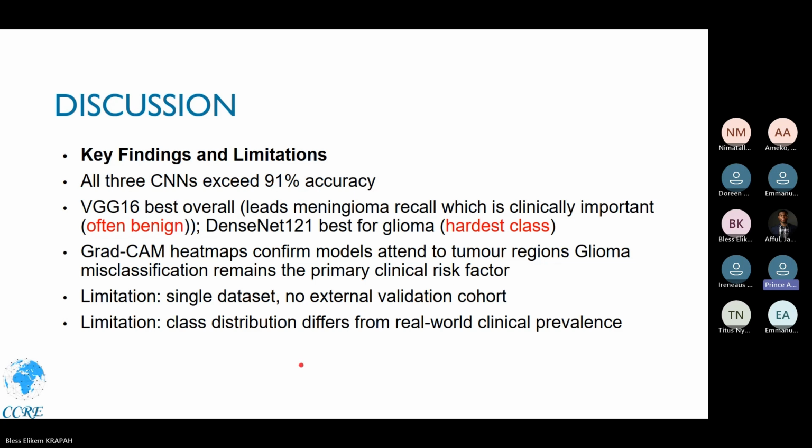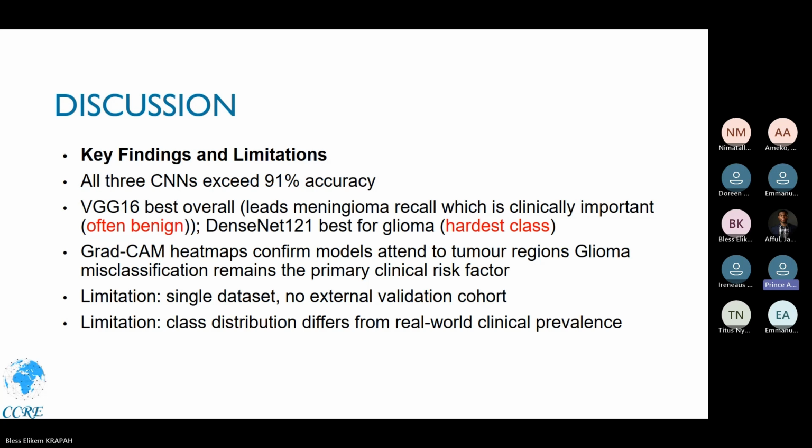DenseNet 121 is also one of our best models for one of the difficult cases in tumor detection, which is glioma. We have Grad-CAM heat maps, which help both us and the radiologists confirm the output of the models. The reason why we included this is to build trust with our radiologists, who are able to confirm the output of each model.